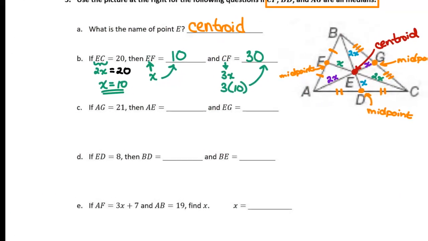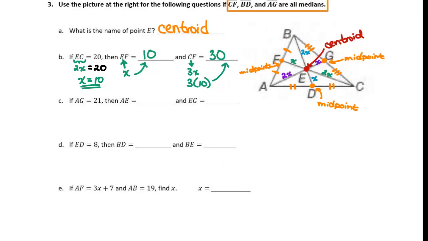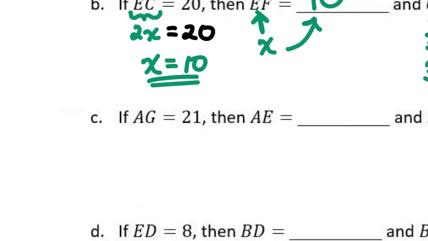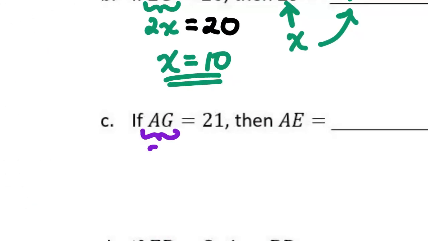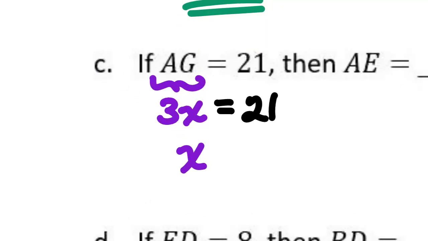All right, let's look at part C. It says that AG is 21. Well, here's AG. 1x, 2x, or 3x? 3x. So in the place of AG, we're going to replace that with a 3x. We're saying 3x is equal to 21. Well, if 3x is 21, then how big is x? 7.